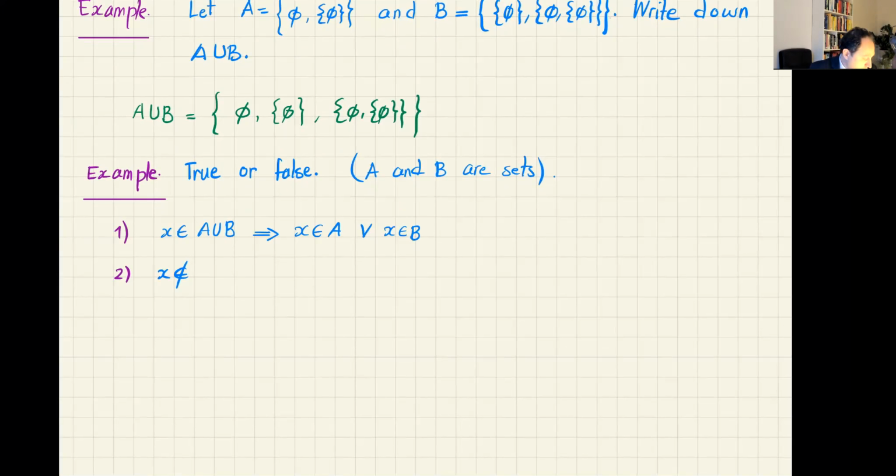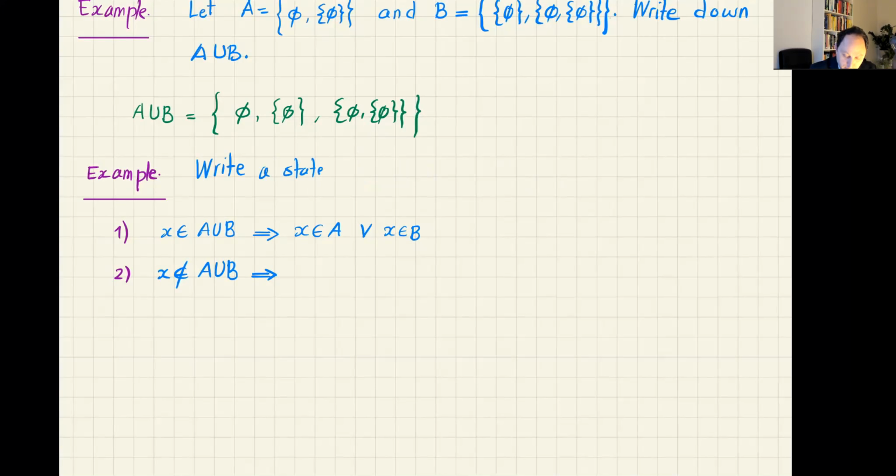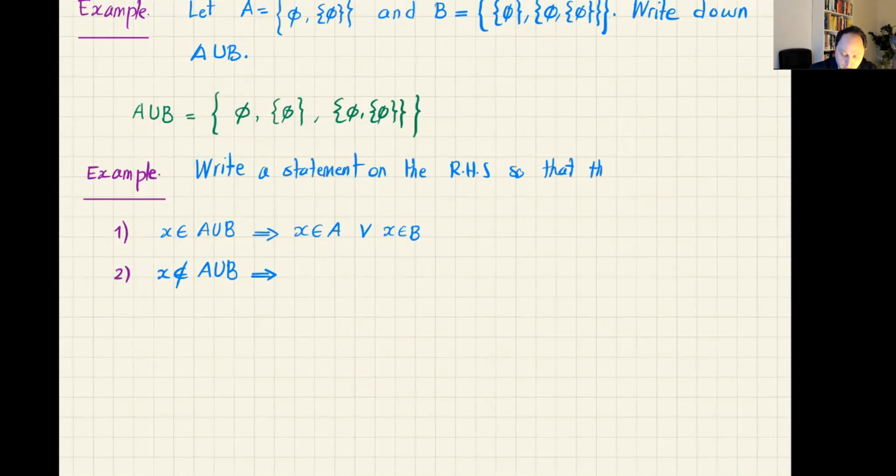Yeah, that's also correct. It was better that you write something on the right-hand side. So let me change the question. Write a statement on the right-hand side so that the implication is true.